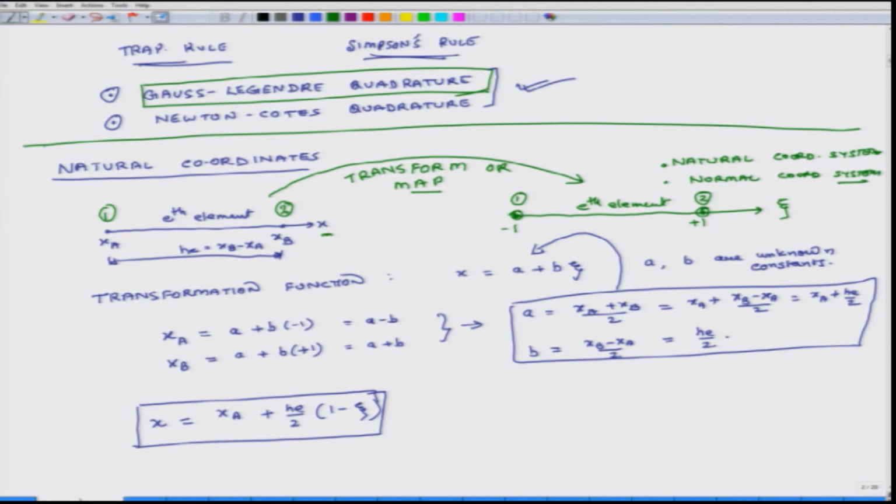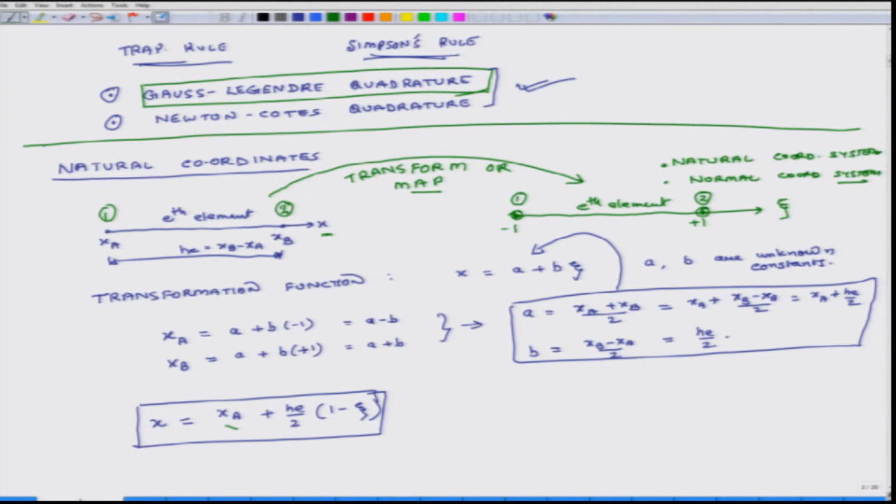The important point is that if I go from one element to other, the zeta element does not change, right. But this mapping function, the transformation function, changes because xa changes and he can change.